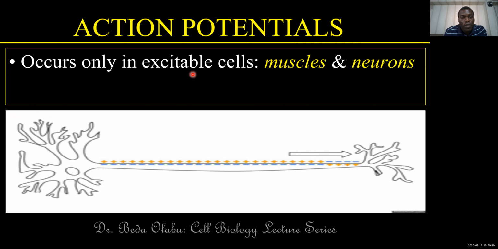Now, tissues which experience action potentials are termed excitable tissues. So action potentials are a reserve for excitable tissues. Tissues which can generate action potentials are just muscles and neurons, nothing else.